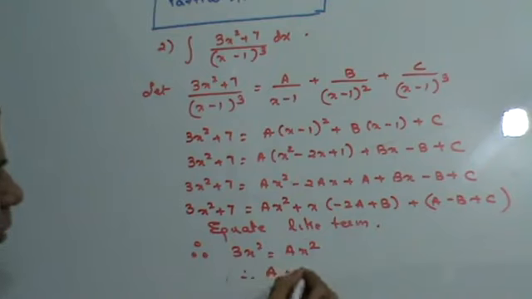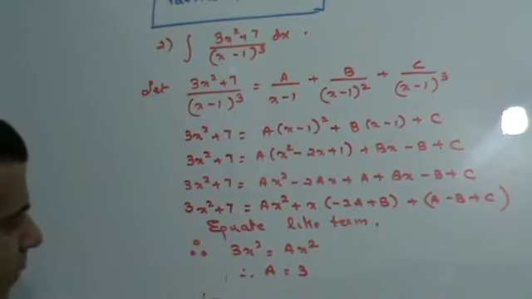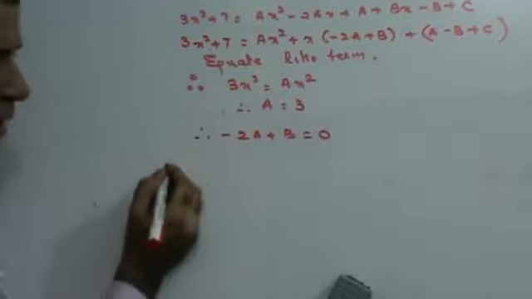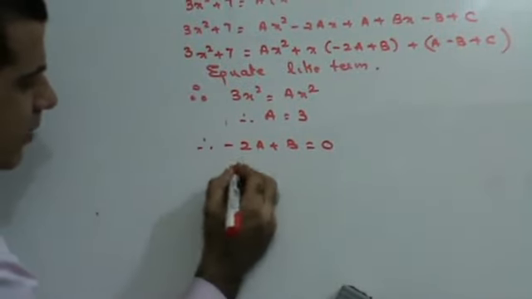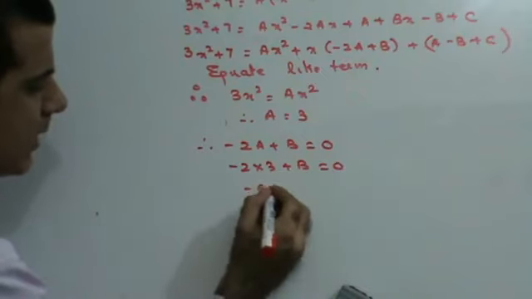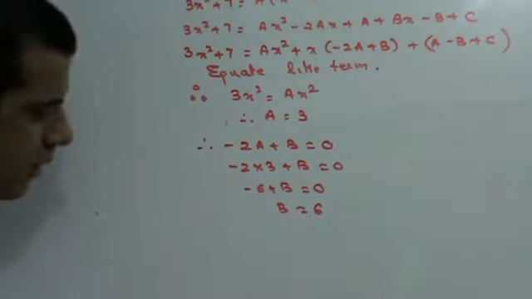Therefore, A is equal to 3. There is no x term here. Therefore, I can say minus 2A plus B is 0. We just found out the value of A to be 3. So, minus 2 into 3 plus B is 0. Minus 6 plus B is 0. B is equal to 6.